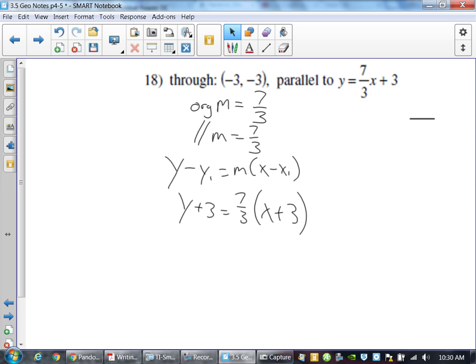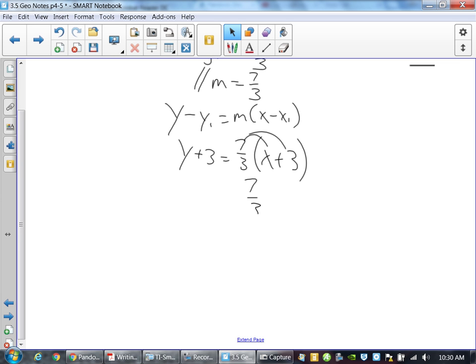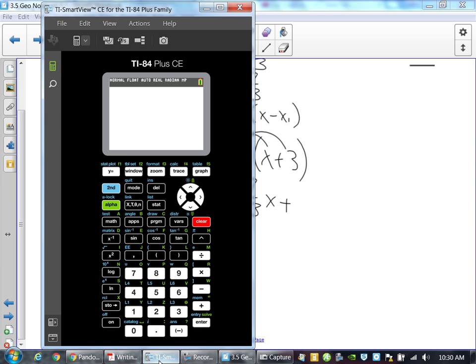Now, we talked about this first hour. When you're distributing, make sure you send it to both parts, but don't freak out when you have the fraction. Depending upon which calculator you have, if you've got the multi-view calculator, there's a button that says fraction bar. All you have to do is type in 7 over 3 times 3 and hit enter, and it does it.